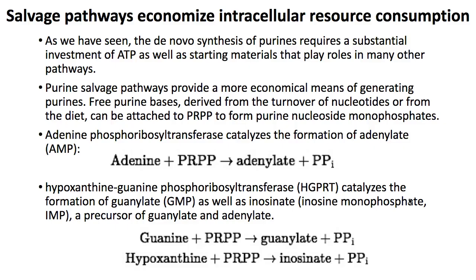And then from there they can attach to the PRPP to form the purine nucleoside monophosphate, which is shown here, where they have the enzyme adenine phosphoribosyltransferase, that is the enzyme that catalyzes the adenine to be attached to the PRPP, releasing the pyrophosphate group, and finally having your nucleoside right here.